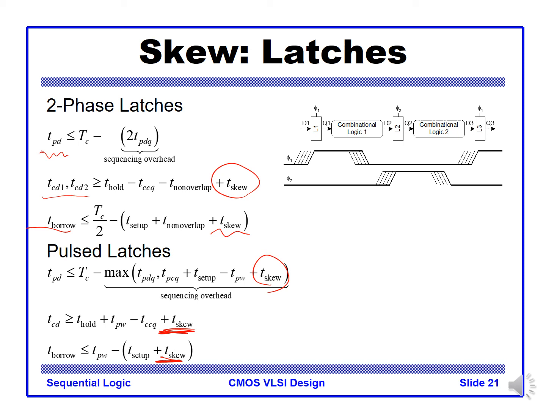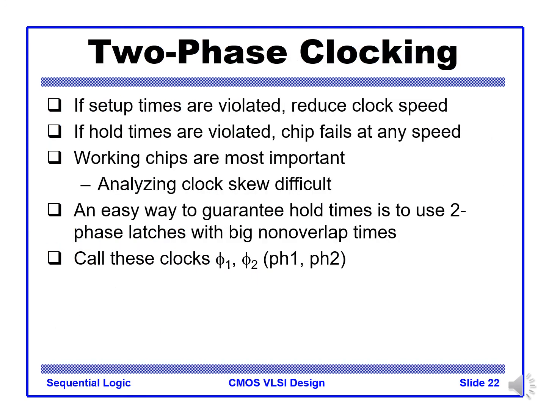I'm not going to go over the detailed calculation, but as you can see, the clock skew is very critical in most of the clocking systems in sequencing the elements. So we must avoid the clock skew and try to make our timing margin considering the clock skew.